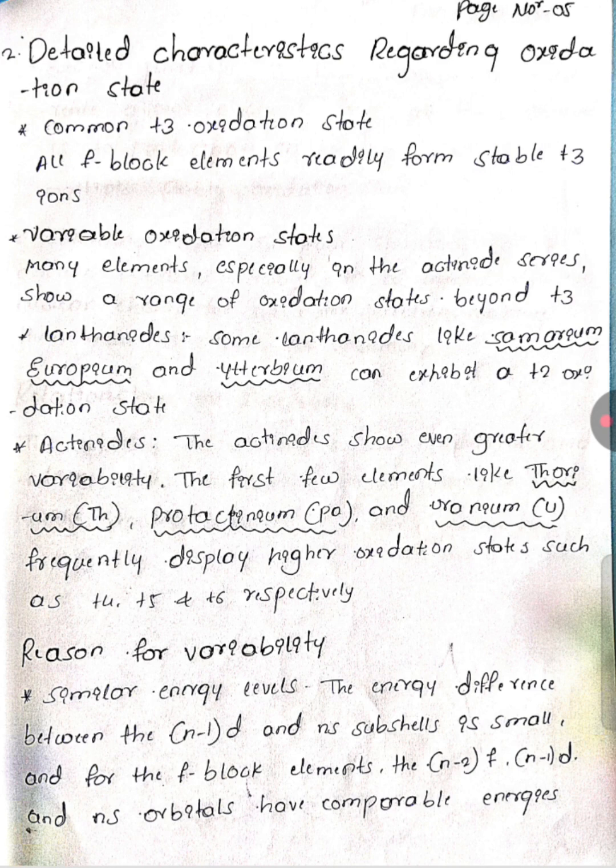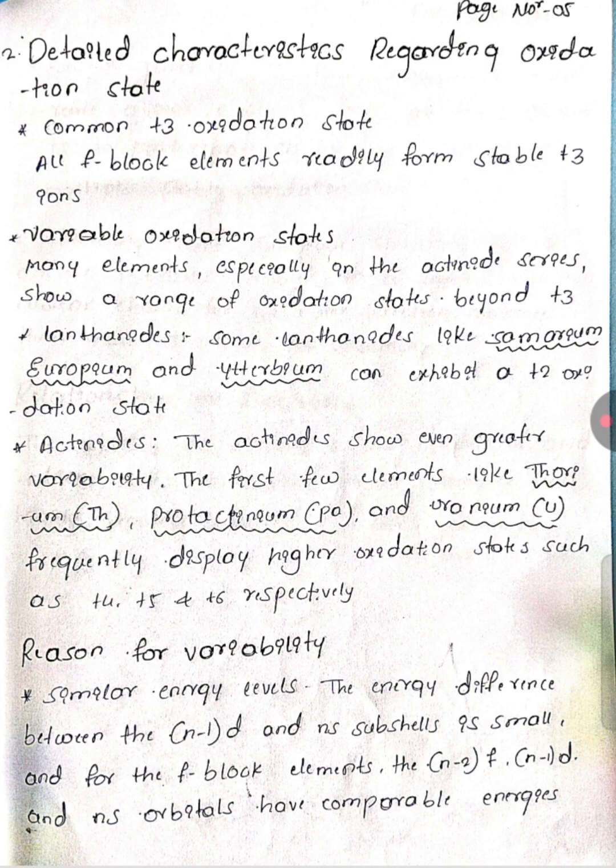Lanthanides: some lanthanides like samarium, europium and ytterbium can exhibit a +2 oxidation state. Actinides: these actinides show even greater variability. The first few elements like thorium, protactinium, and uranium frequently display higher oxidation states such as +4, +5, and +6 respectively.